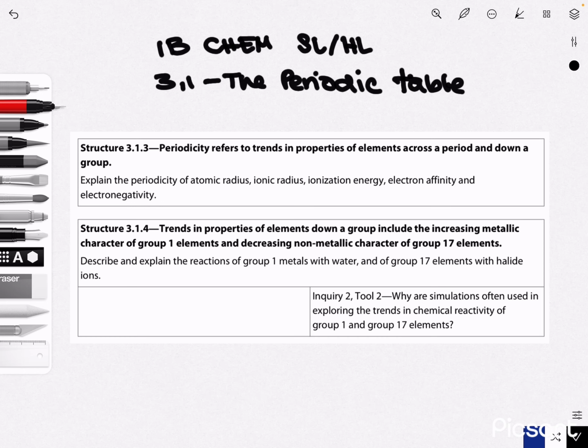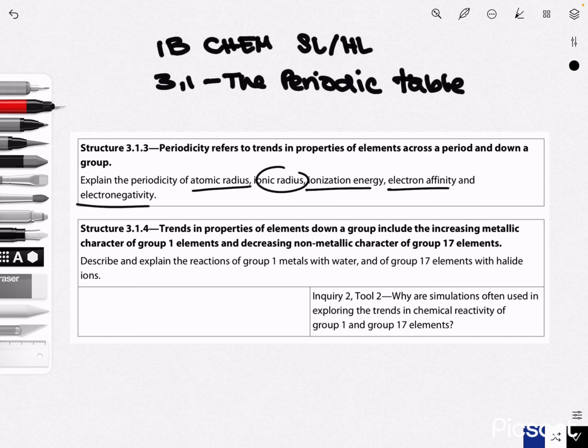Also, do just keep in mind that in terms of atomic radius, ionic radius, ionization energies, electron affinities, and electronegativity, you will have to know how to explain why there are these trends which are present in the periodic table. But if you ever do forget what the trend is, you do have access to periodic tables with this information in your chemistry little booklet that you'll be given in the exam.